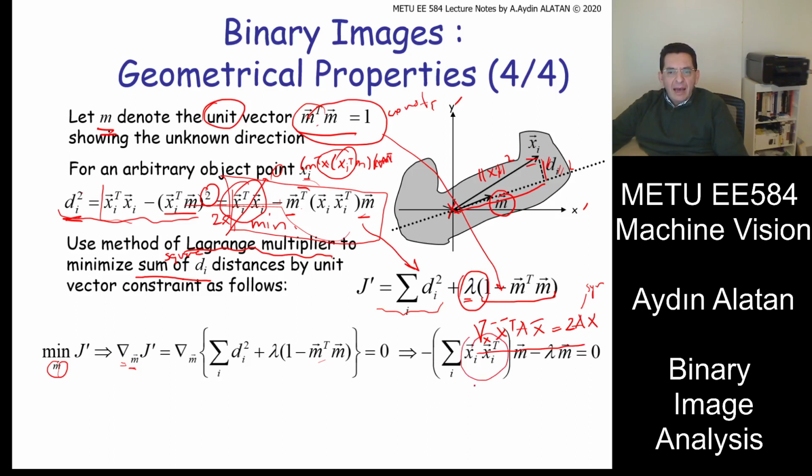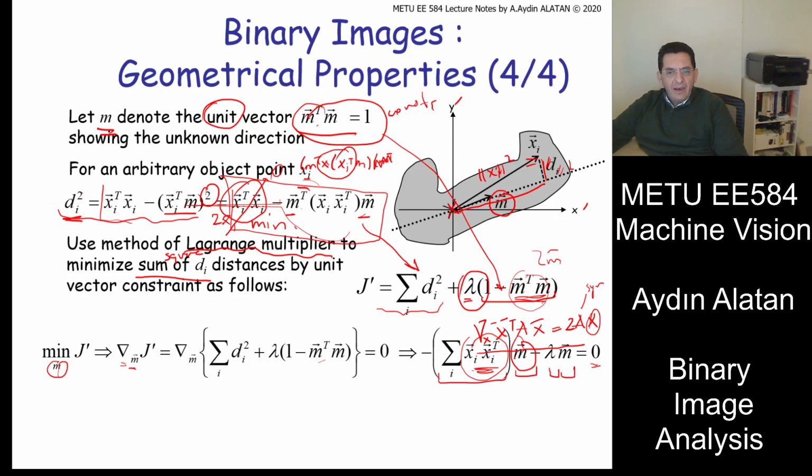This is your A matrix here, the sum of outer products of the x_i's, and m is the unknown. Taking the gradient with respect to m, there will be 2 times the m vector. The 2's cancel out due to homogeneity, and you obtain a matrix times vector minus scalar times vector.